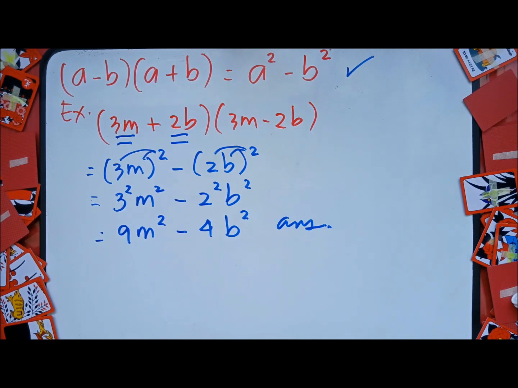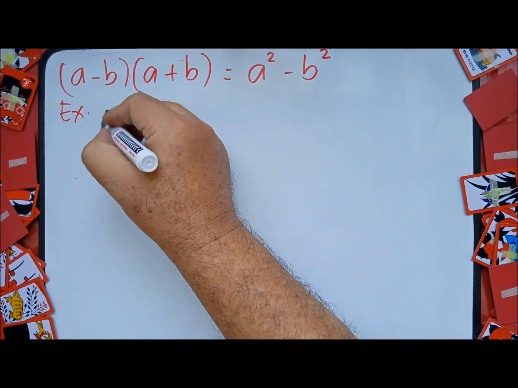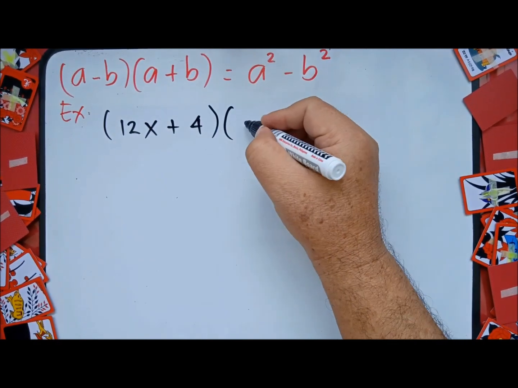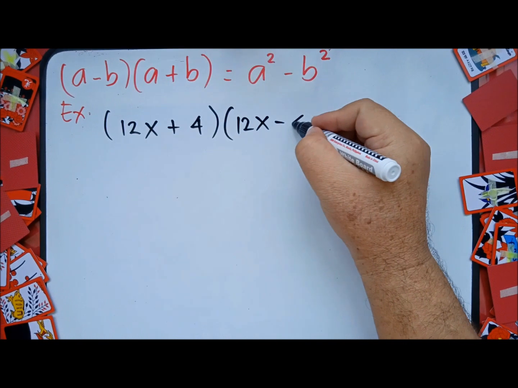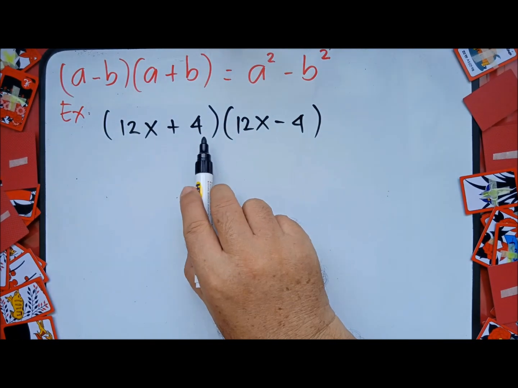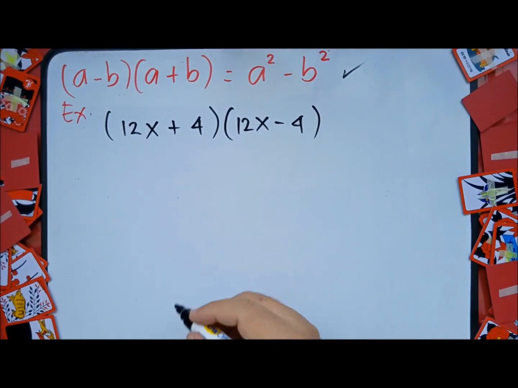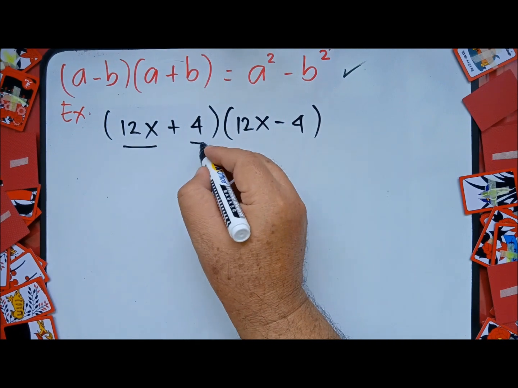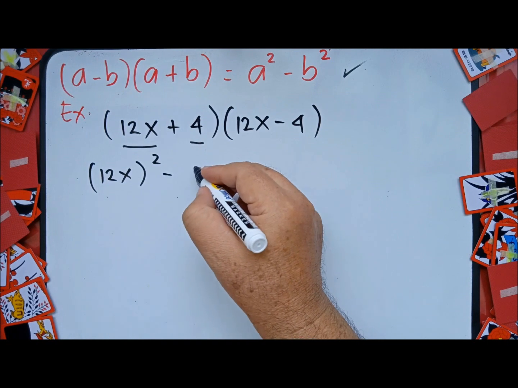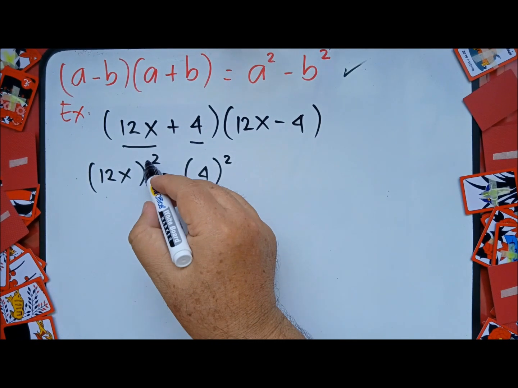Okay, so next, I'll give you another example. 12x plus 4 and 12x minus 4. First term the same, second term the same, opposite sign. So you can apply this. This is your A, this is your B. So 12x squared minus 4 squared.